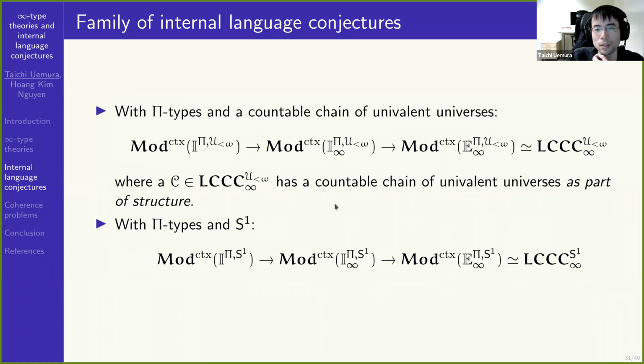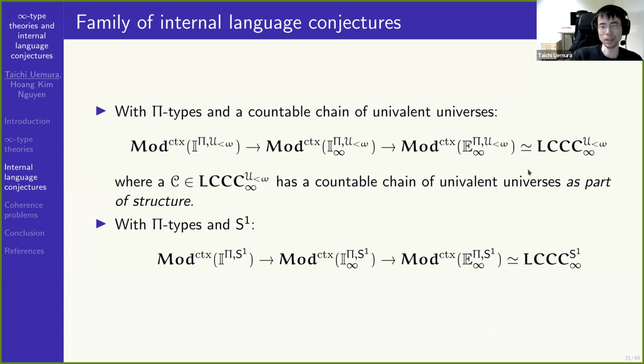We can also consider universes. So if we start from type theory with a countable chain of univalent universes, then we will get some infinity categorical structures. Because the countable chain of universes is a kind of explicit structure of the type theory, at the end we will get some notion of infinity LCCC, locally Cartesian closed infinity category with a countable chain of universes as part of structure, not merely the existence of universes.